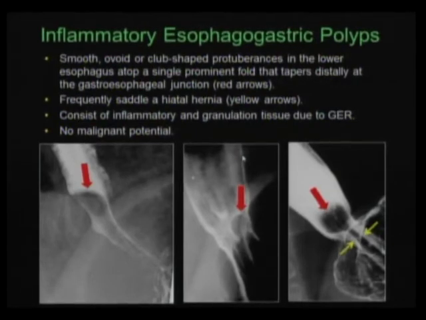Frequently it is associated with a hiatal hernia. The reason for this is inflammatory and granulation tissue due to long-standing lower gastroesophageal reflux. What is important is that endoscopy won't be necessary if the image is typical or characteristic, because it's not a premalignant lesion.